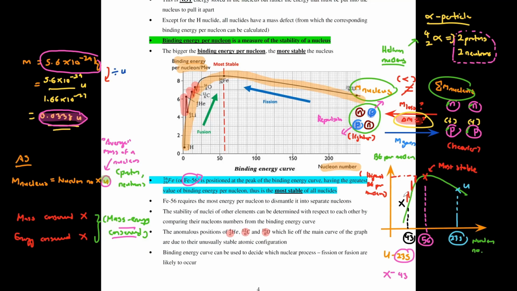These elements have a higher binding energy than usual because the atomic configuration is unusually stable. That explains why you have those sharp peaks there. The sharp peaks indicate a higher than usual binding energy per nucleon, which means a higher stability than usual.